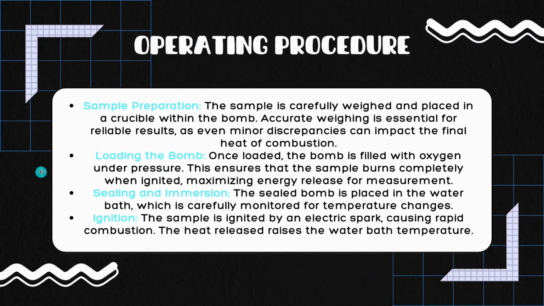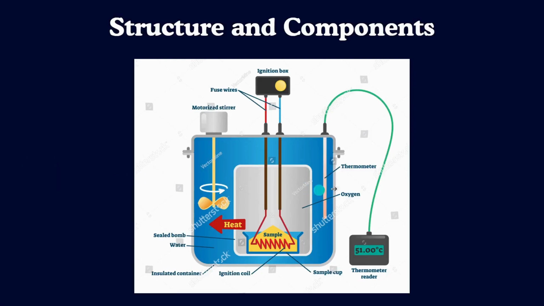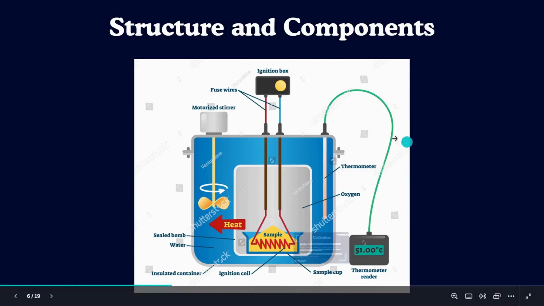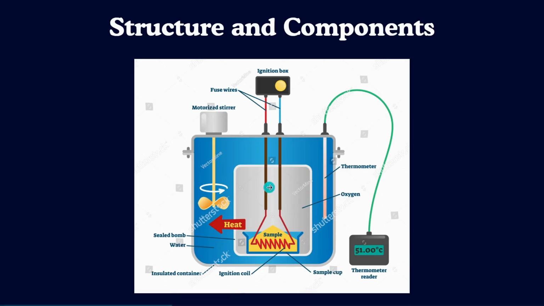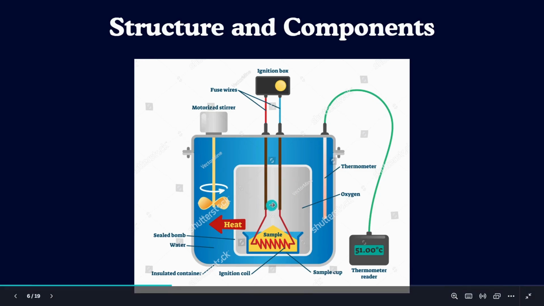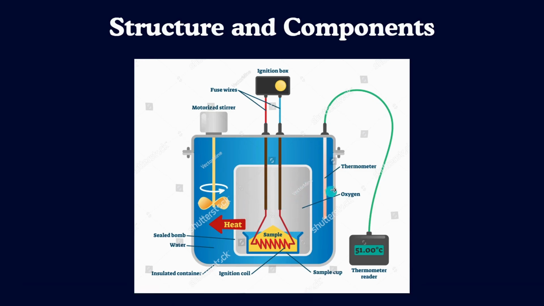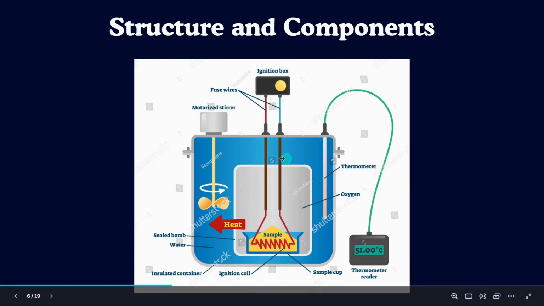Then let's see the operating procedure. So continue with this diagram. When we ignite a sample, usually 1 or 2 grams, it will be combusted, and so the temperature in this bomb will increase, but it is trapped, so it is absorbed by the surrounding water, and the temperature of the water will increase.